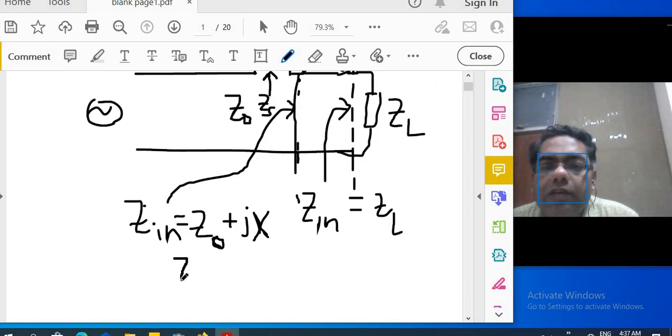So the input impedance of this stub ZS will be of the form j only, only a j term will be there.